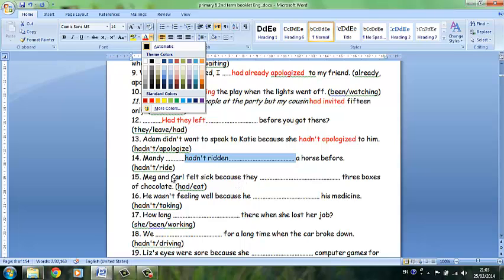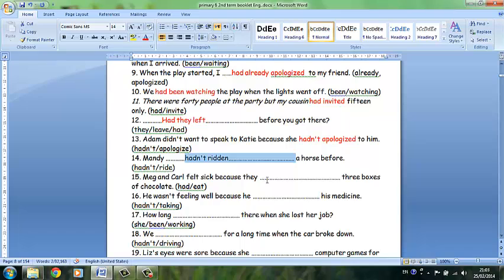Number 15, Meghan and Carl felt sick because they had eaten 3 boxes of chocolate. Wow, this is a big amount. So we are going to say had eaten.